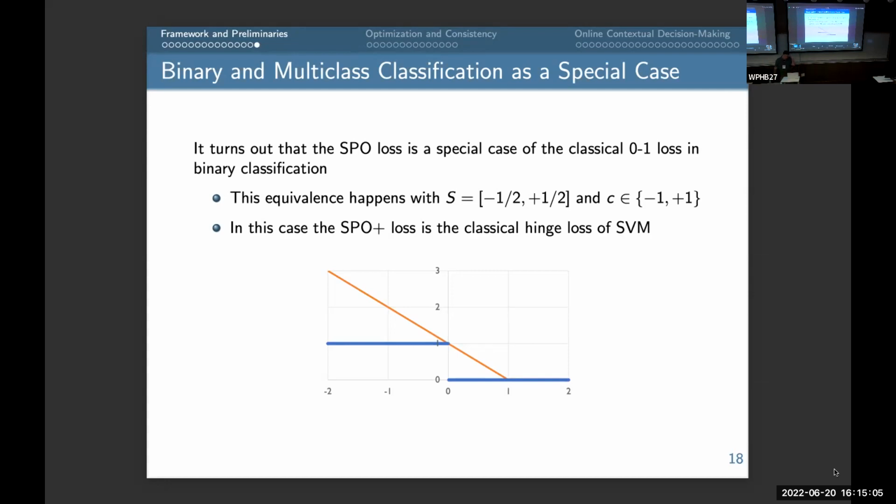So you see that this hinge loss has a gradient which is pointing down when you're making an incorrect prediction, right? So in some sense, that's desirable for thinking about how to get to a model that makes better decisions, and I think it provides a little bit of intuition of what SPO plus is doing. Okay. Any questions so far?